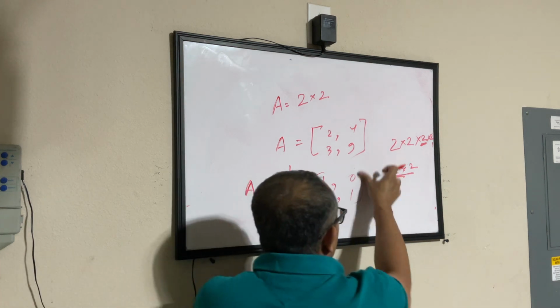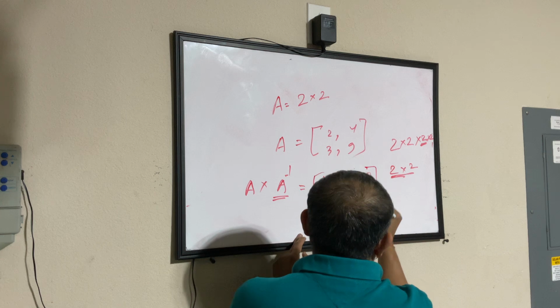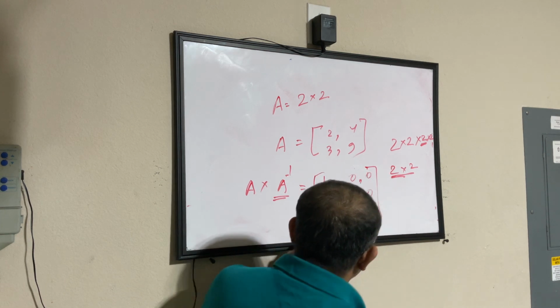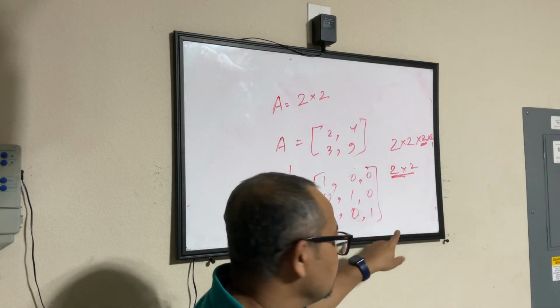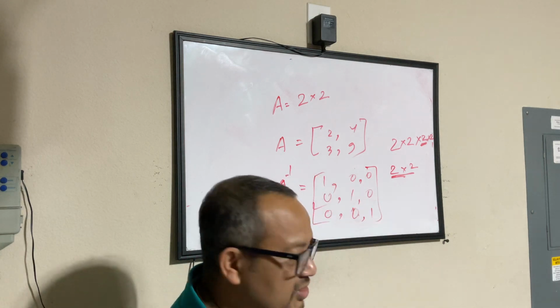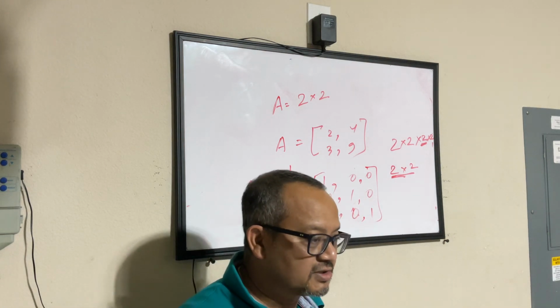If you have 3 by 3, then this will be 0, this will be 0, and 1 will be in the third place. First row, first place; second row, second place; third row, third place. Depending on how big your identity matrix gets, the position of 1 will keep on changing in that row. But every row will have only one 1. That's your identity matrix.